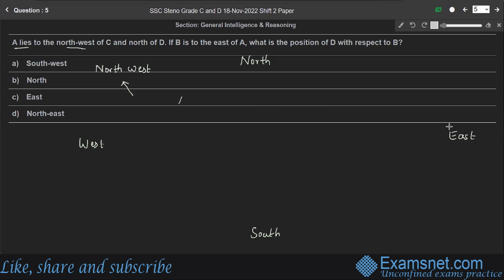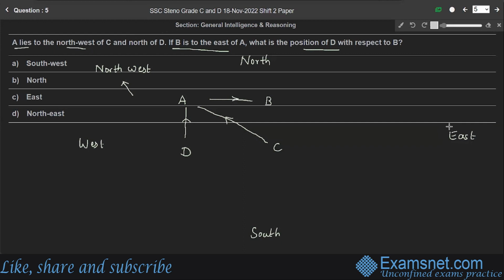So A lies to the northwest of C. So we'll consider the position of C here. Then A lies to the north of D, so we'll consider the position of D here. If B is to the east of A, so B is here to the east of A. A is to the northwest of C and to the north of D, and B is to the east of A. What is the position of D with respect to B?